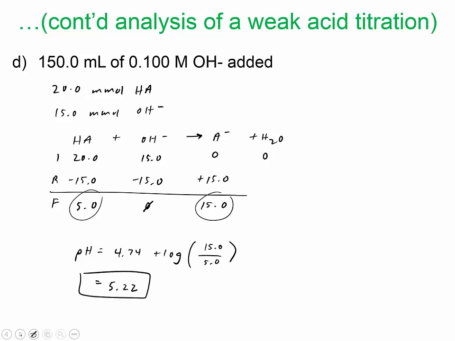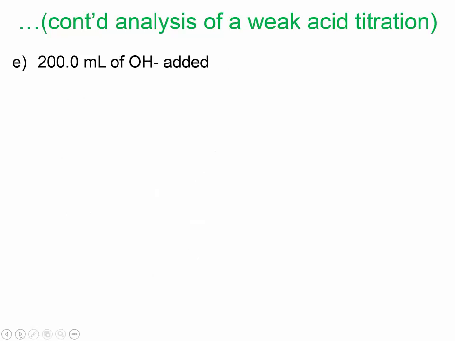Next is point E. This is the equivalence point. So we have 20 millimoles of strong base now, and we had 20 millimoles of weak acid. So here's what happens. We have A minus plus H2O.